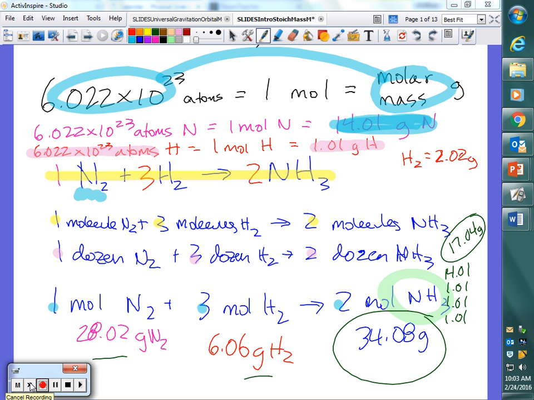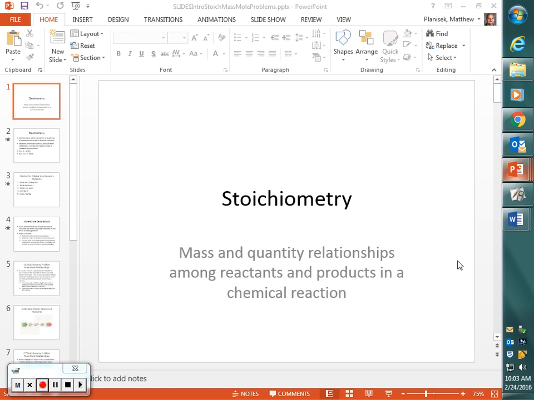So, over the past 2 days, we have been introducing the topic of stoichiometry, and we said that stoichiometry is the mass and quantity relationships between the reactants and the products in a chemical reaction.